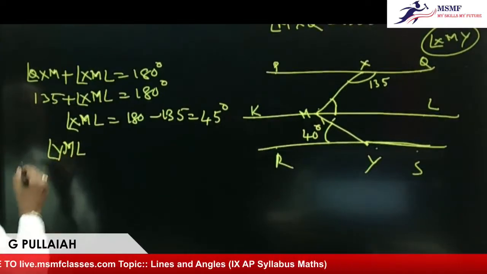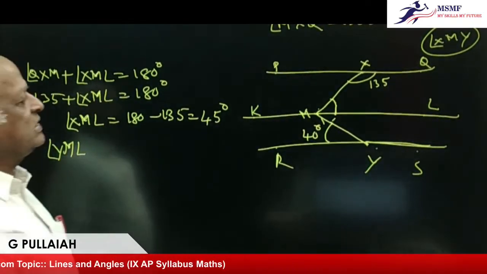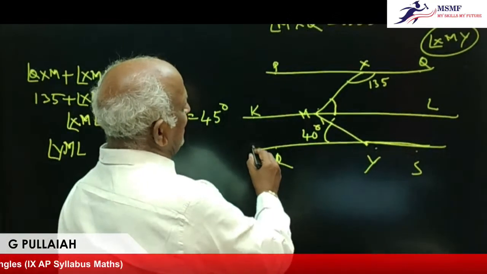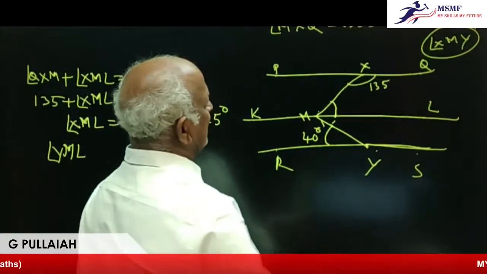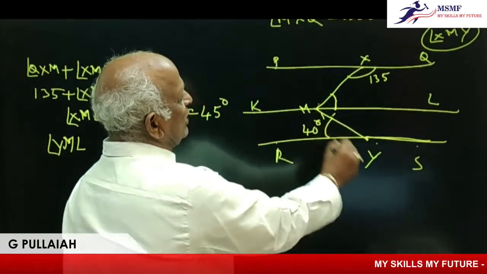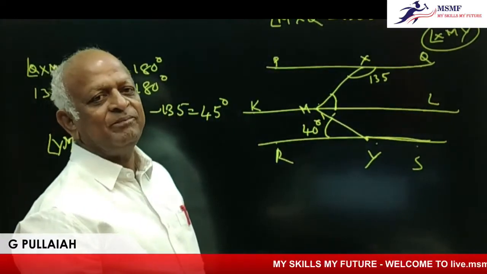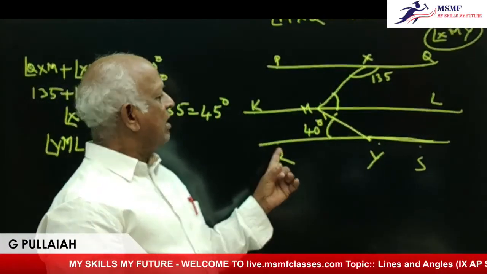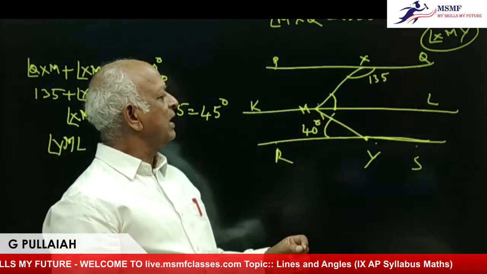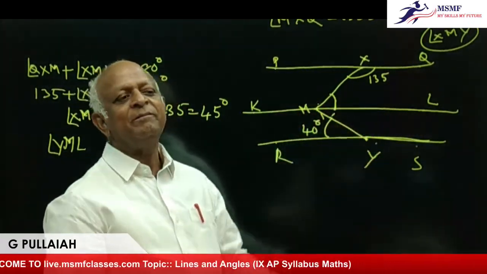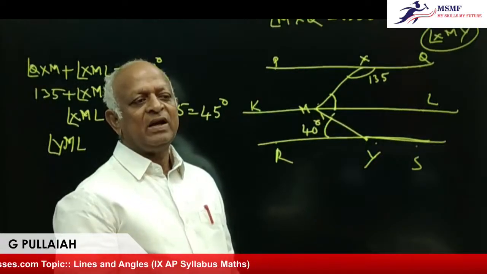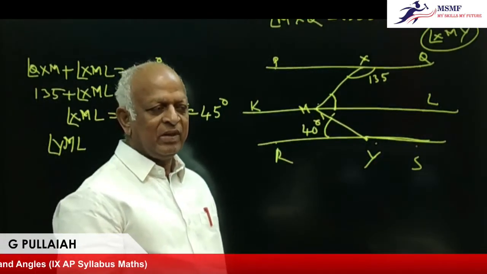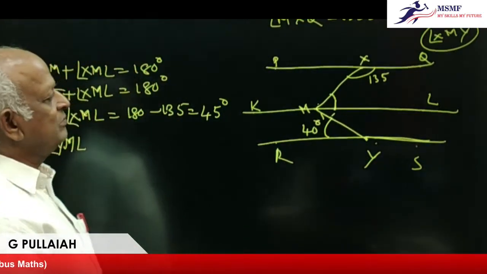If KL is parallel to RS, and MY is the transversal, then RYM and YML are alternate angles.